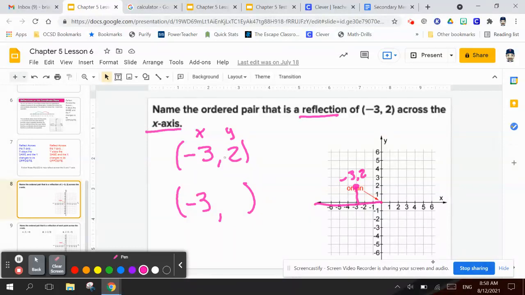So it's the opposite of 2, which is -2. So the opposite is here. That's the reflection across the x-axis because we have to cross the x-axis to find it.